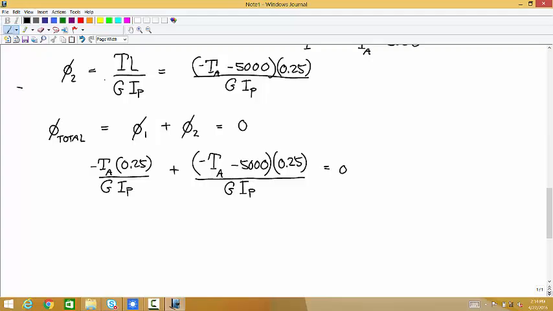You can multiply both sides by G times IP. And now you can divide both sides by 0.25. And you end up with the second useful equation, which says negative TA minus TA minus 5,000 is equal to 0.